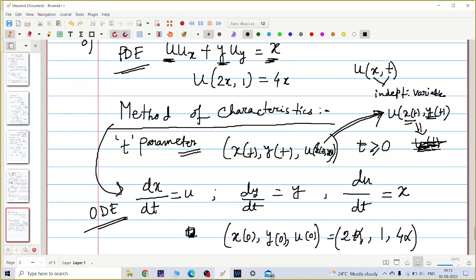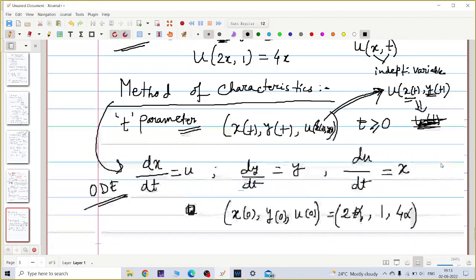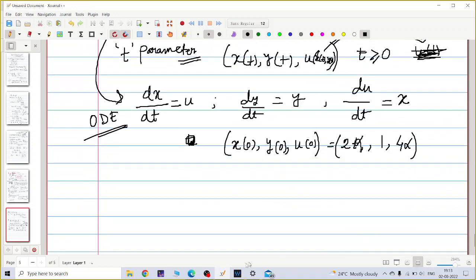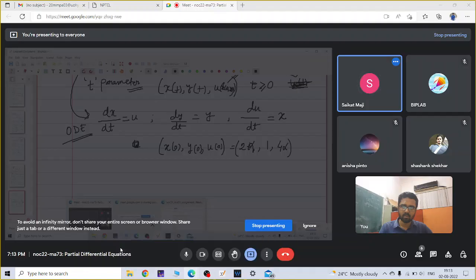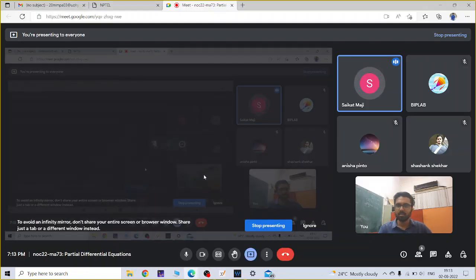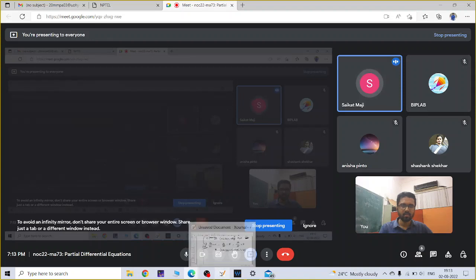Actually, if you vary t over the real line, (x(t), y(t)) will become a curve, and along that curve, u is a function of only one variable, which is t. You cannot just make a function of two variables a function of one variable.